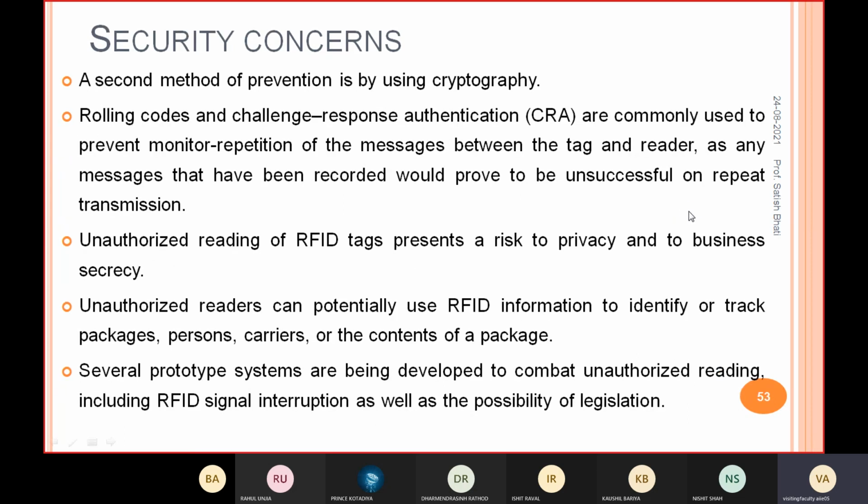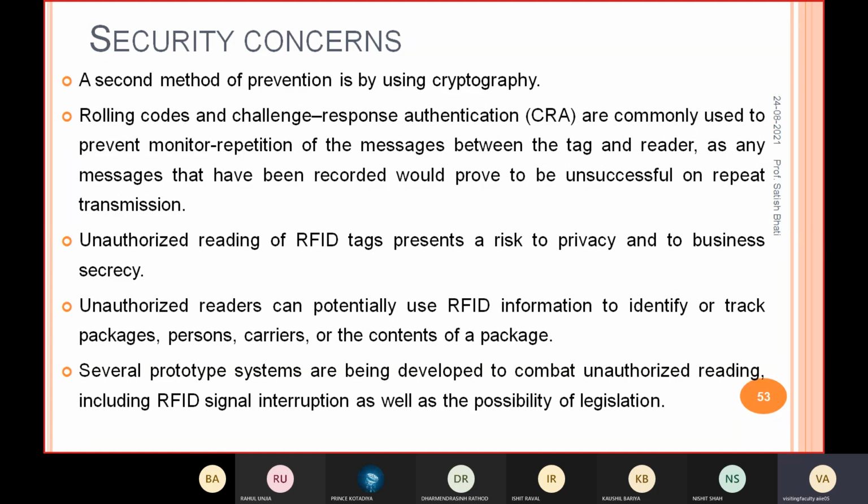The second method for security, after the EPC, is cryptography. Cryptography is kind of coding, encoding and decoding. Some examples are rolling codes and challenge response authentication. These are commonly used to prevent the monitoring or repetition of messages between the tag and reader, as any message that has been recorded would prove to be an unsuccessful repeat transmission.